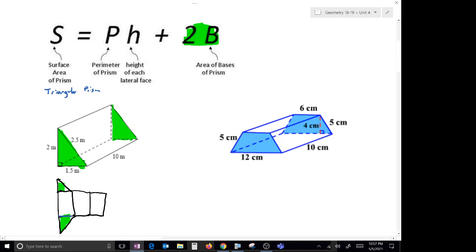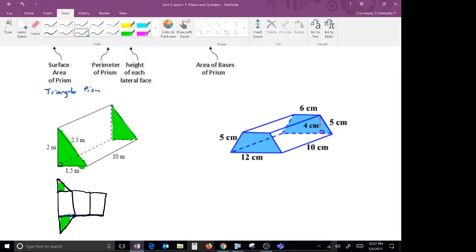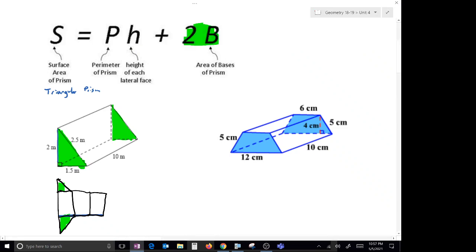We just think of it as one big rectangle. We do that by multiplying that length, which is essentially the perimeter around one of our bases, because our three sides wrap around one of our bases.